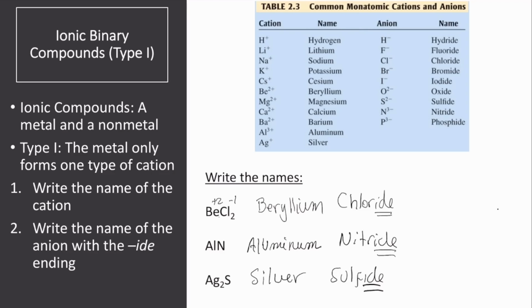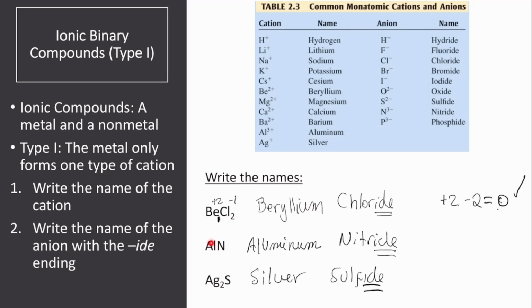Beryllium has one atom, which is implicit, and there are two atoms of chlorine. So we multiply the 1 from the beryllium times the +2, and we get +2. And then the 2 in the chlorine times -1, and we get -2. So that equals 0. This compound is a neutral compound.